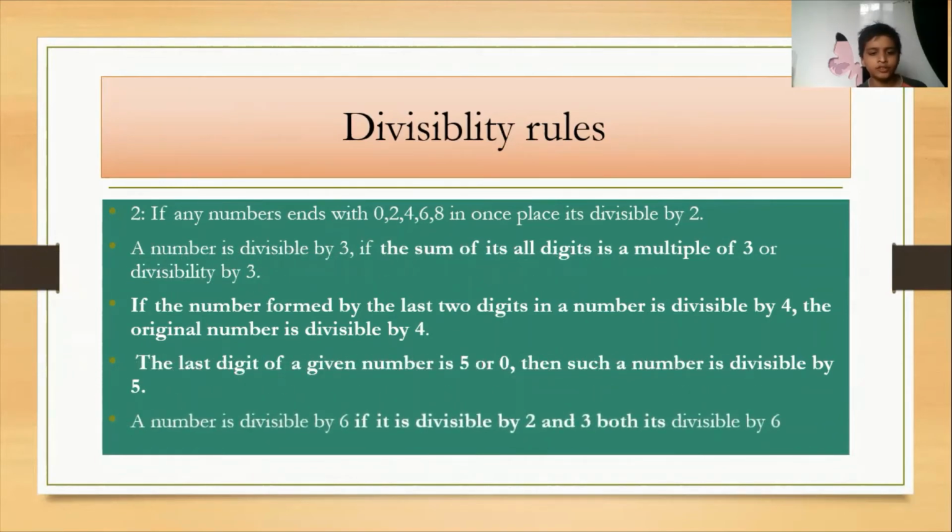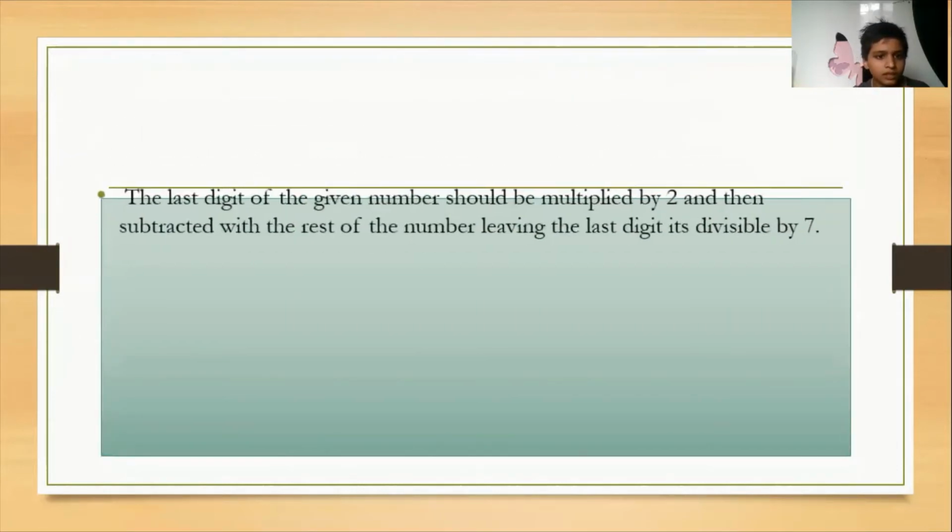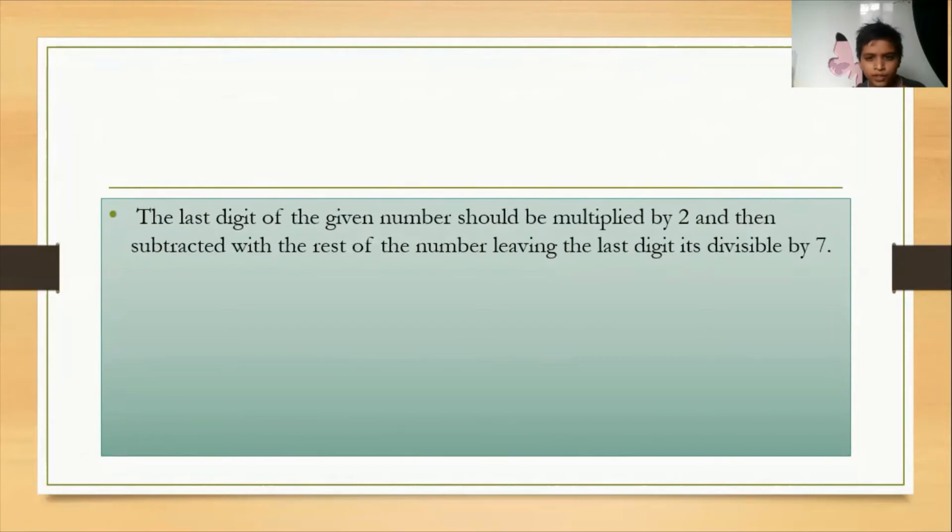A number is divisible by 6 if it is divisible by both 2 and 3. For 7: the last digit of the number should be multiplied by 2 and then subtracted from the rest of the number, leaving the last digit; if the result is divisible by 7, the number is divisible by 7.